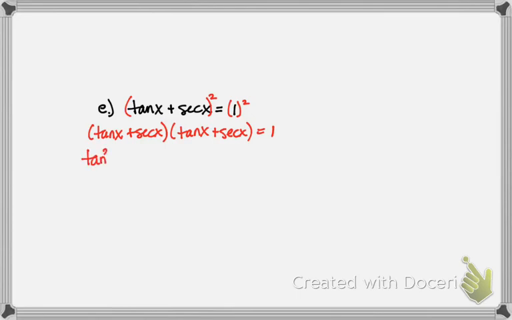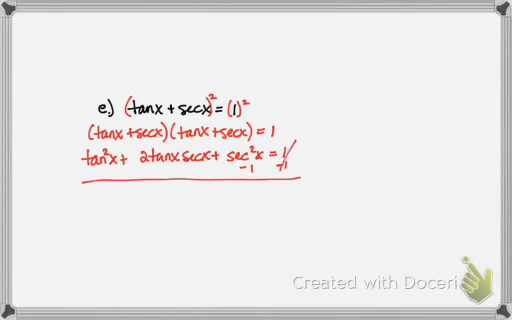Which gives me tangent squared of x plus 2 tangent of x secant of x plus secant squared of x equals 1. Now what I did on this one, which is a little different from the last one, is I actually subtracted 1 first and set this equal to 0.